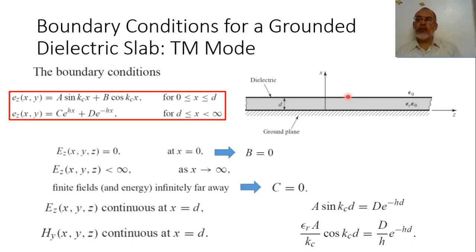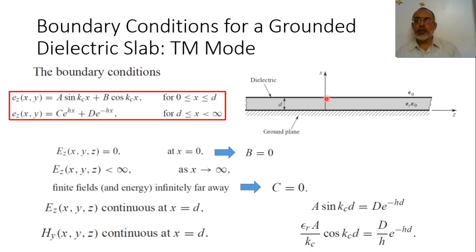Because we don't have a surface current on the air dielectric interface in the present case, the tangential magnetic field at x equal d inside the dielectric medium should equal the tangential magnetic field at x equal d in the air.